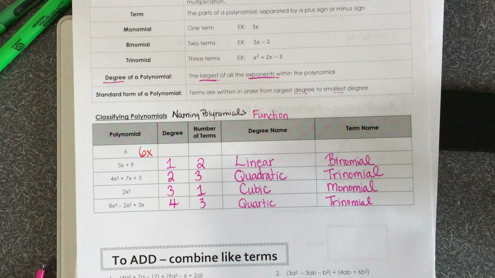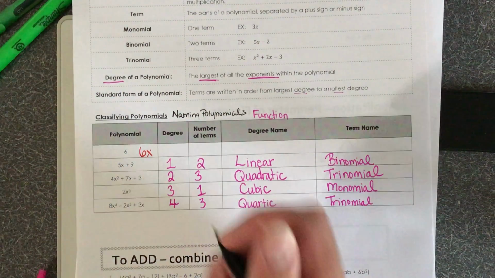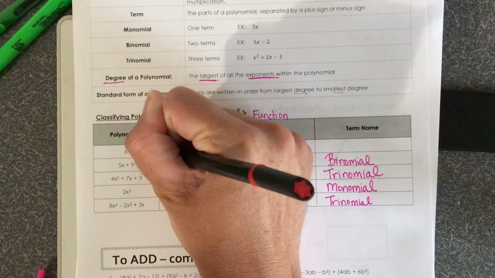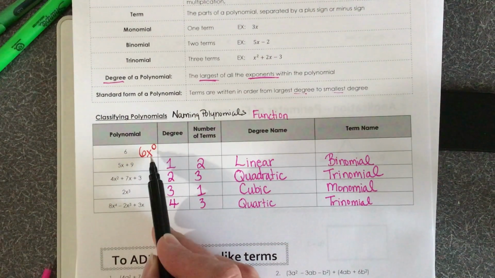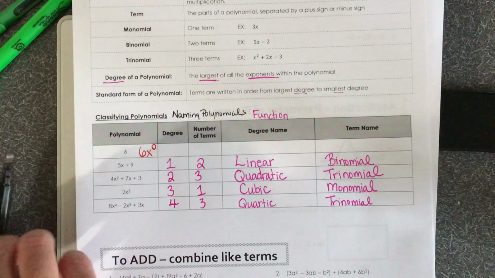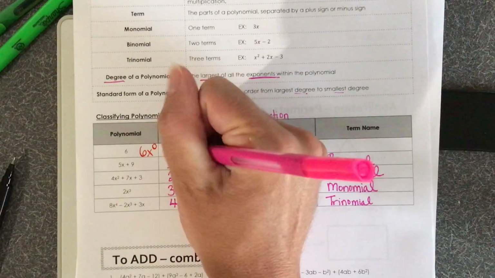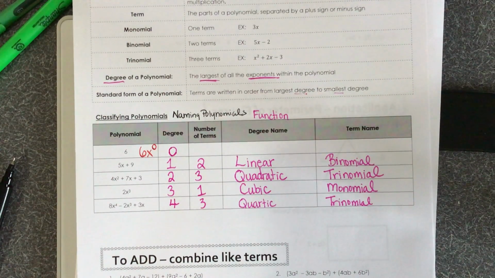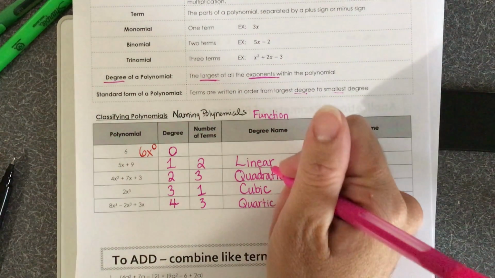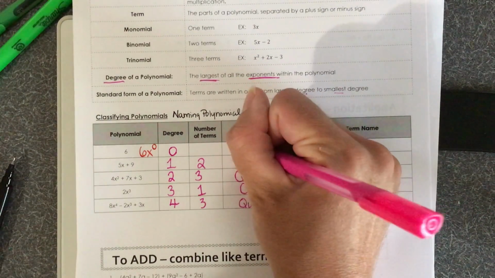So if you remember in your properties of exponents, if I raise my x to a 0, anything raised to a 0 power has a value of 1. So that's the same thing as saying 6 times 1. So that means I have a degree of 0. And anytime I have a degree of 0, then I am known as a constant.